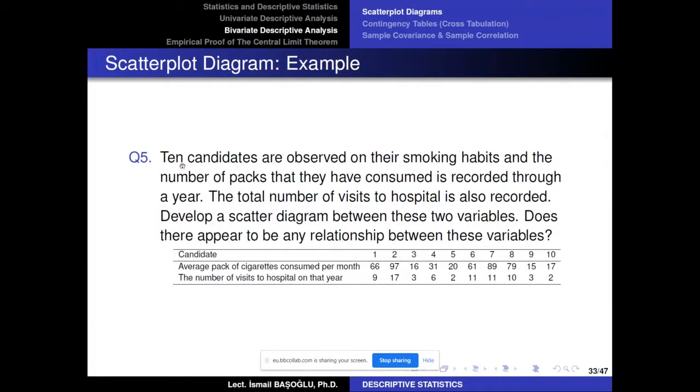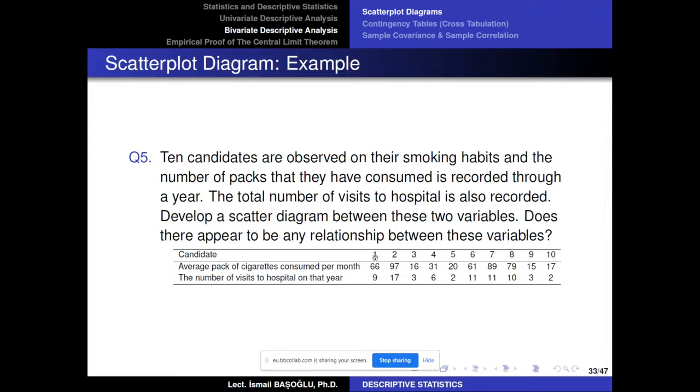Let's just say we have observed 10 candidates on their smoking habits, and the number of packs that they have consumed is recorded through a year. For 12 months, we have recorded how many packages of cigarettes they have consumed, and we take the monthly average of these values.